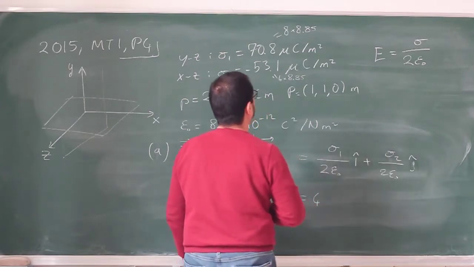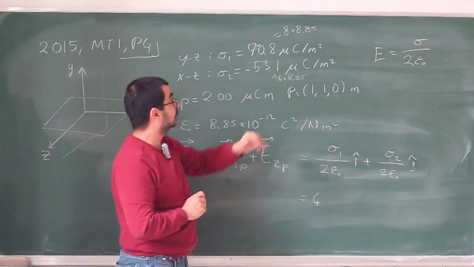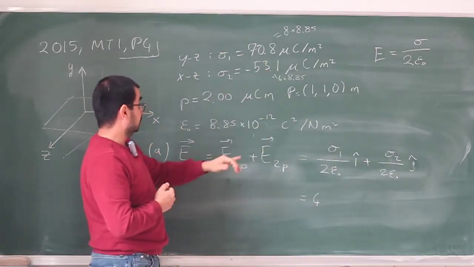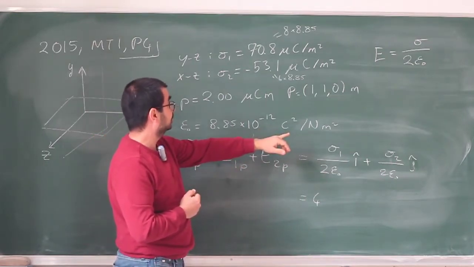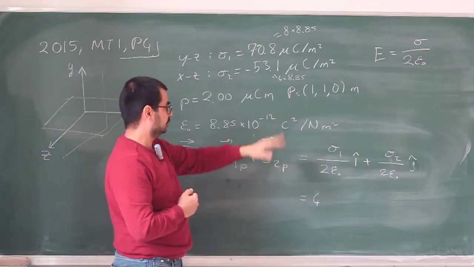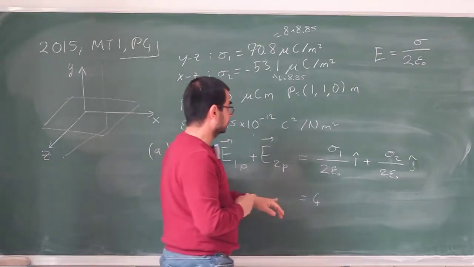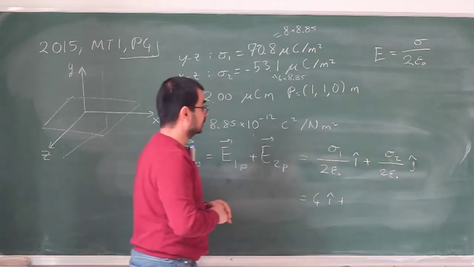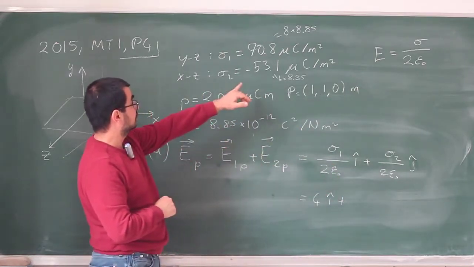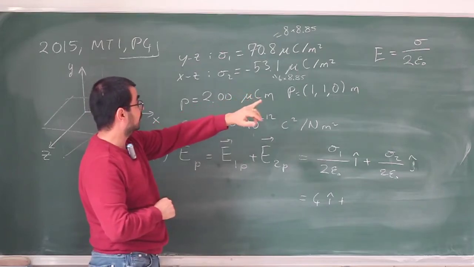Now what about the units? This is microcoulombs per meter squared, and this is coulomb squared per Newton meter squared. Well, you need to figure this out. I'm not going to do this, but it's 4 i hat plus sigma 2, which is minus 6 times 8.85 divided by 8.85.